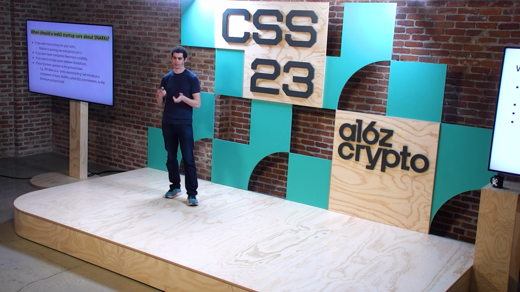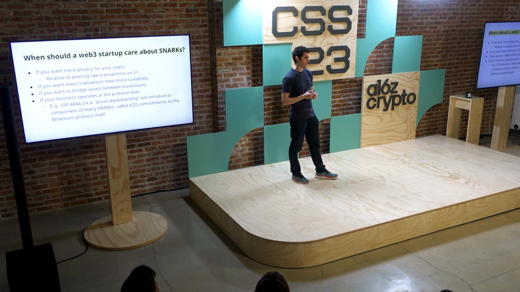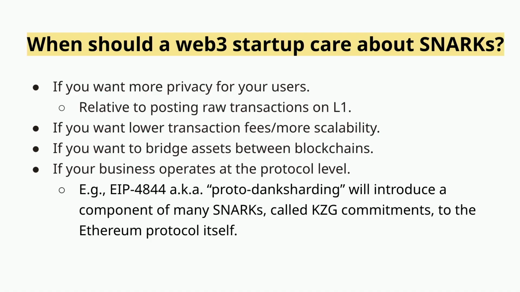They're trying to allow more data, which they call blobs, to get posted on chain, and that creates issues that they are then trying to address using some components of snarks at the base layer, right?